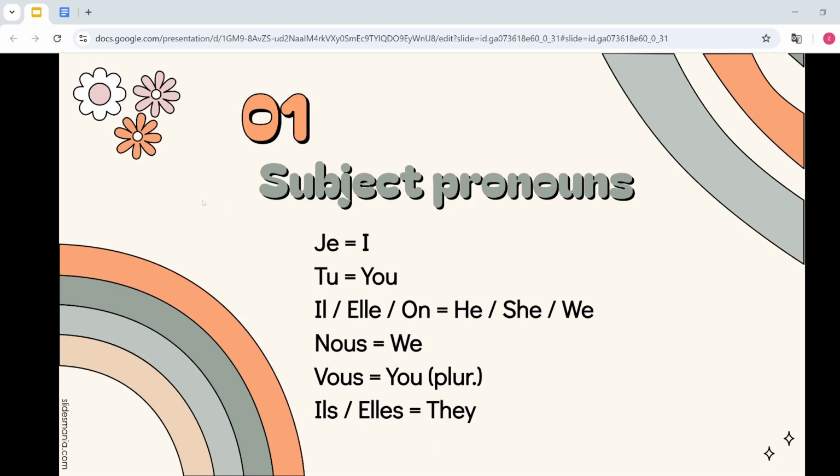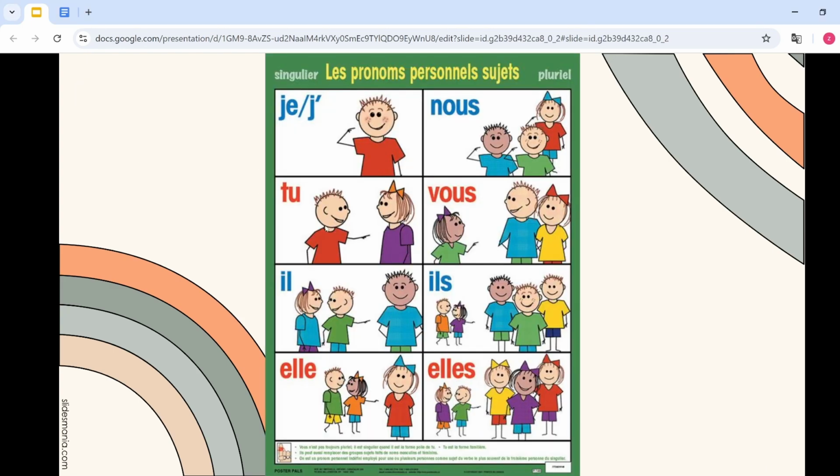If this was a bit confusing, maybe with some pictures it might help you. So let's take a look at this. So we have je or j', as I mentioned, you're talking about yourself. Tu, we are talking to another person, one other person, and usually this other person is a friend or someone we are close to.